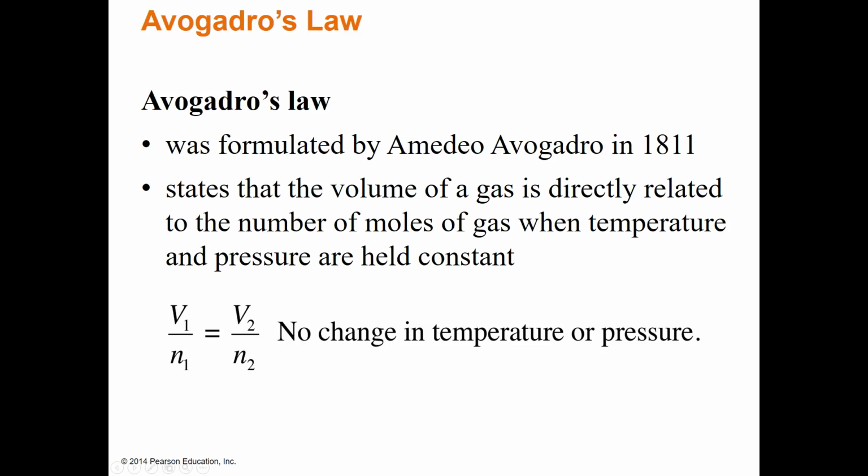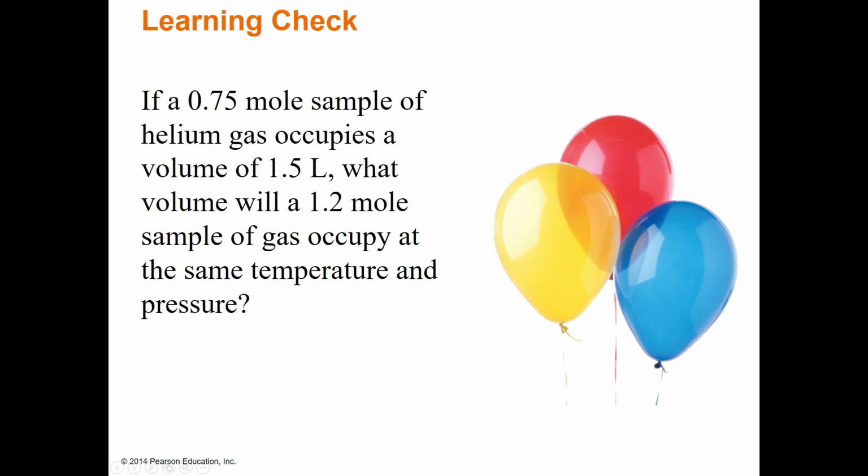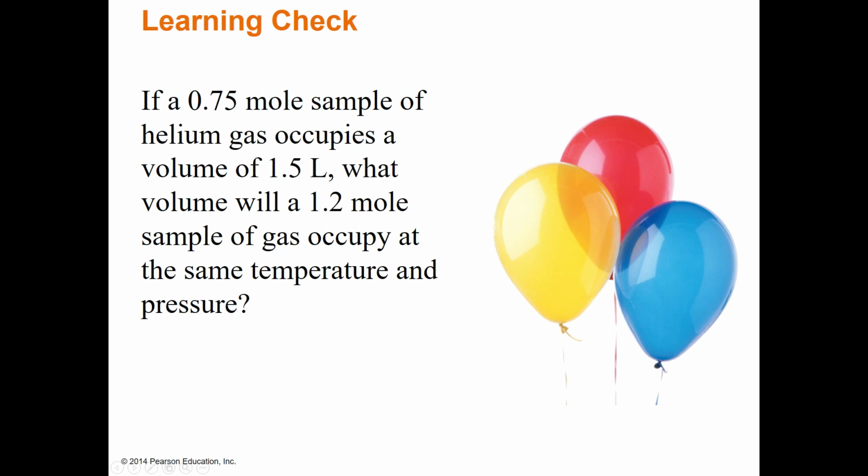If a 0.75 mole sample of helium gas occupies a volume of 1.5 liters, what volume will a 1.2 mole sample of gas occupy at the same temperature and pressure? Do you want to go ahead and make a guess? It's not exactly double.